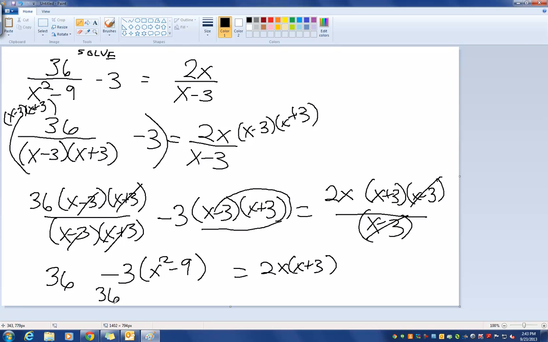So 36 minus 3x squared plus 27 equals 2x squared plus 6x.